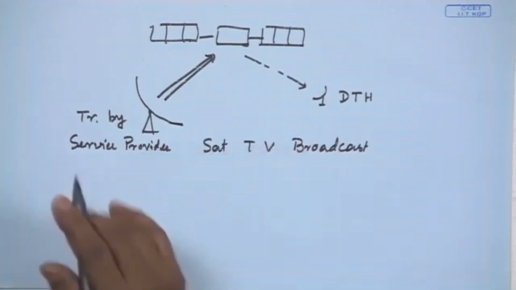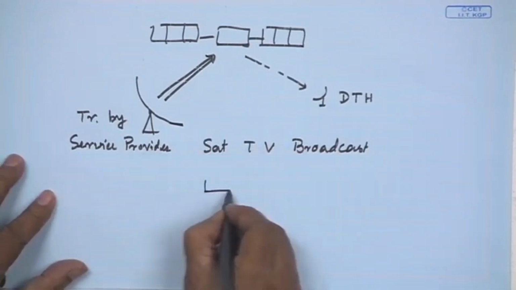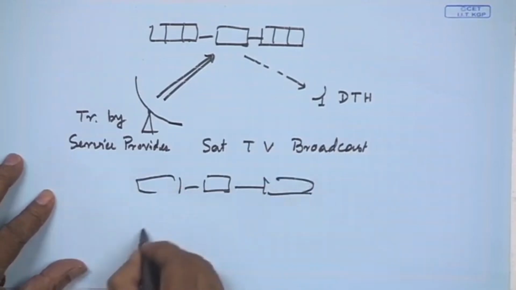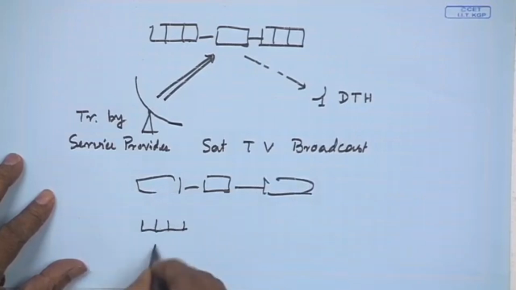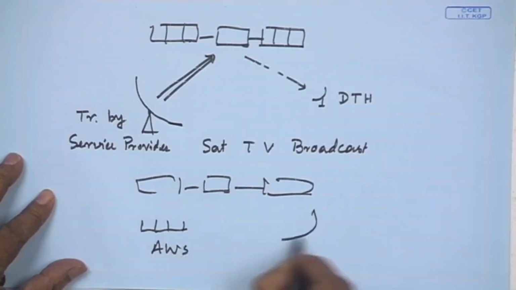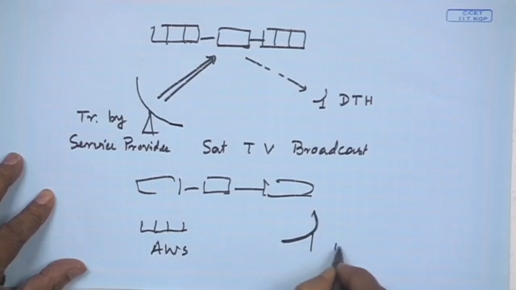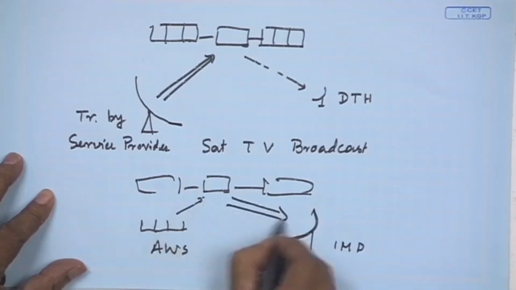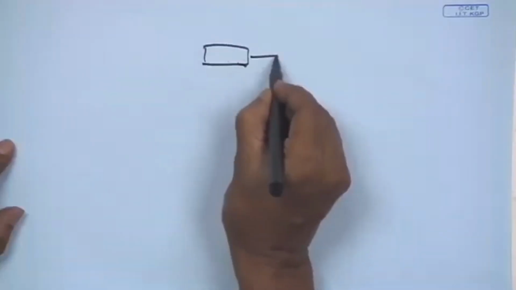The completely reverse example could be, there is a satellite and you have automatic weather station and you have a large antenna by India Meteorological Department. Uplink is thin and downlink is fat. There could be other examples where VSAT ATM networks are there. I just draw that picture before closing.